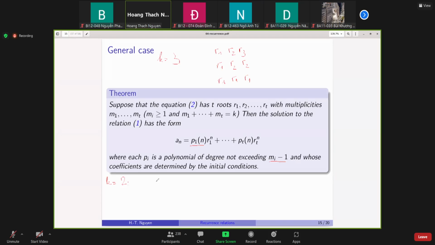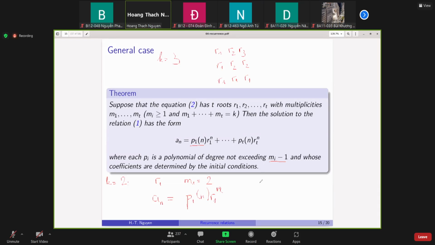You have one root r1 and m1 is equal to 2. So according to this, the general formula for the general term is an equal to p1 of n times r1 to the power n, okay?